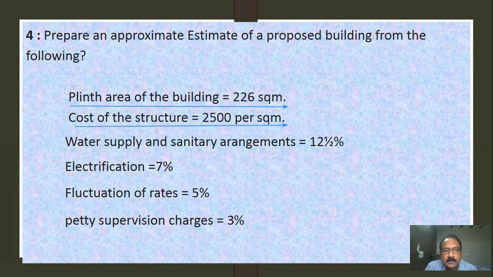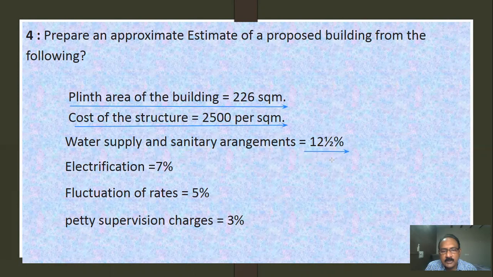So these two are very important. You will get the structural cost of the building. Plinth area is 226 square meters, and cost of the construction per square meter is 2500. Water supply and sanitary arrangement is 12.5%.